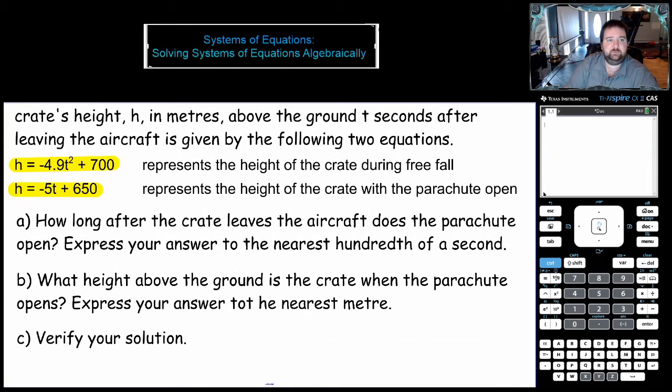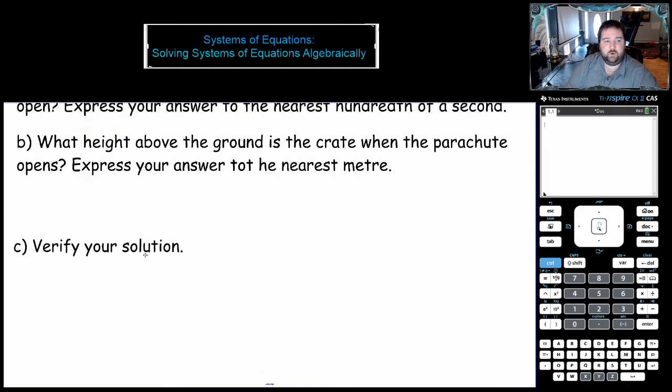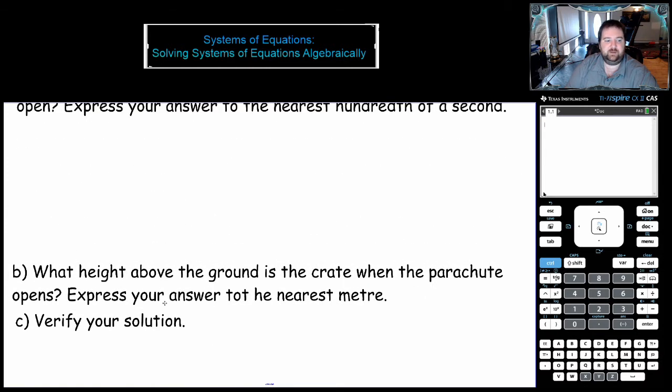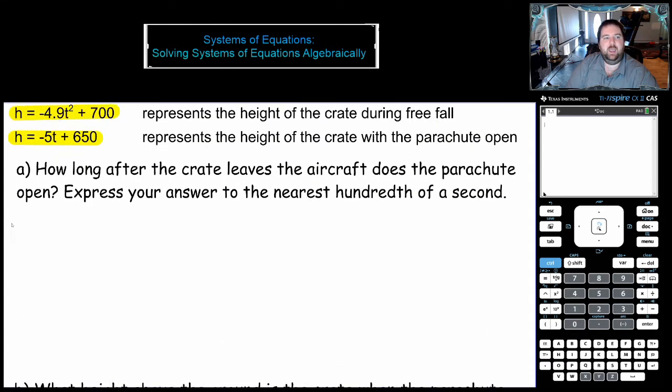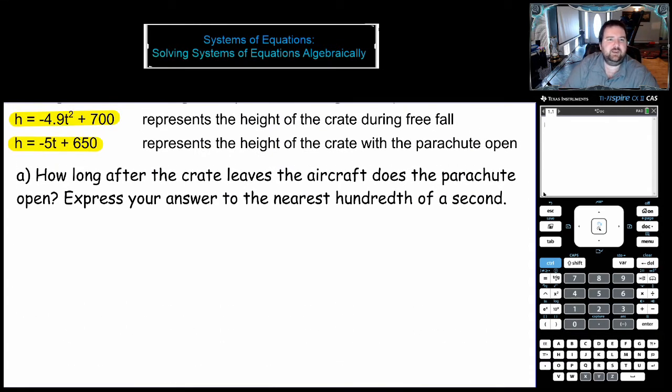Now we have a few methods to do this: elimination or substitution. I'm just going to move these down to give us a little bit of room to work. The first thing I'm going to do is look at these two equations and determine which method is going to be best. Should I use elimination or substitution?